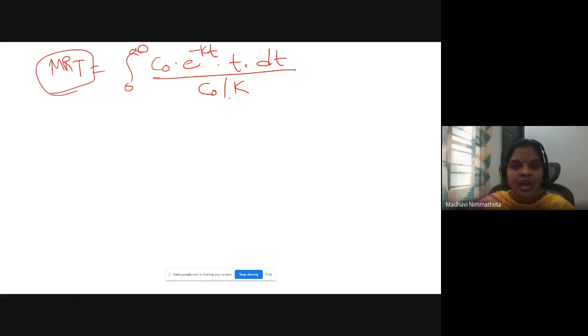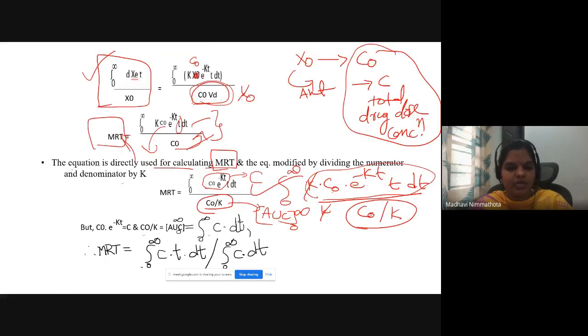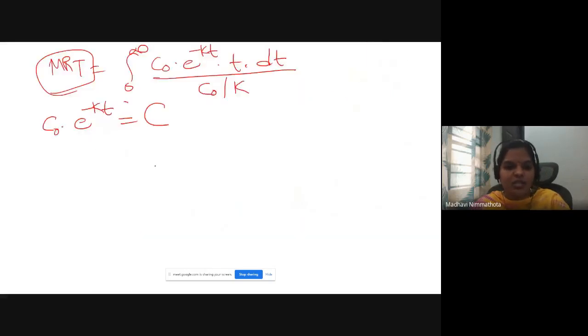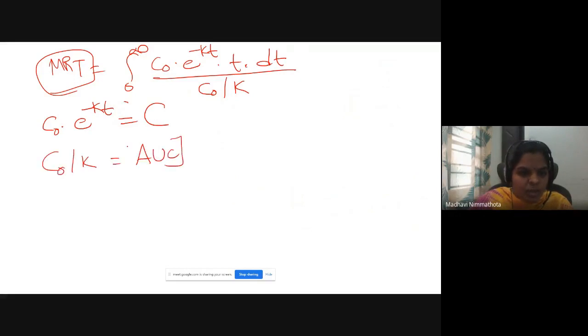After dividing the numerator and denominator by K, we will get this equation. Then C0 into e to the power of minus KT is equal to capital C, and C0 by K is equal to AUC 0 to infinity.